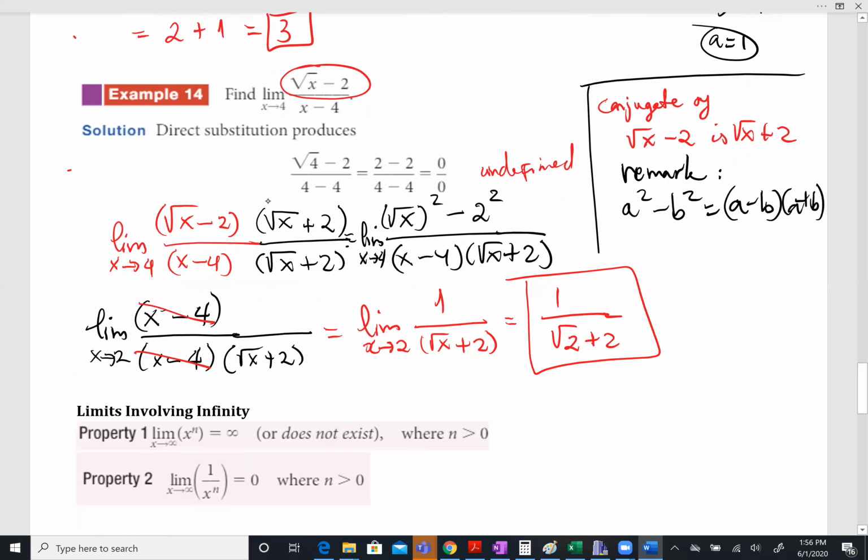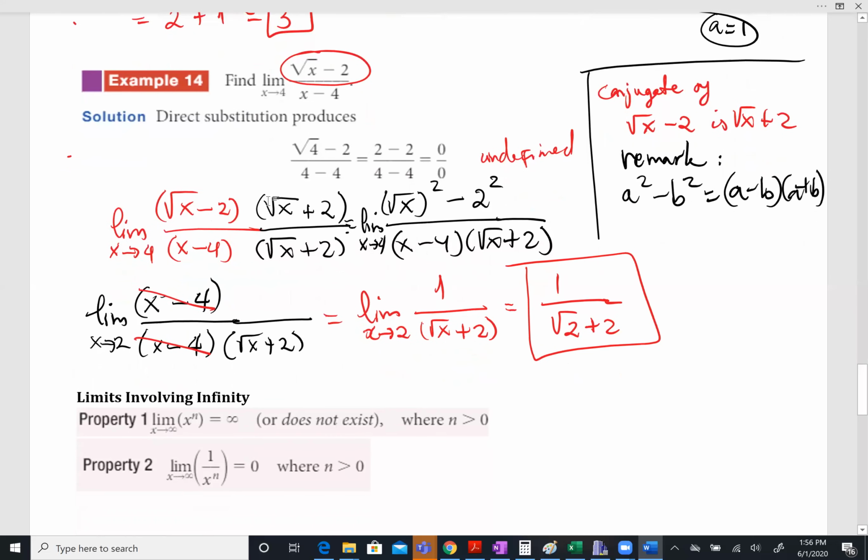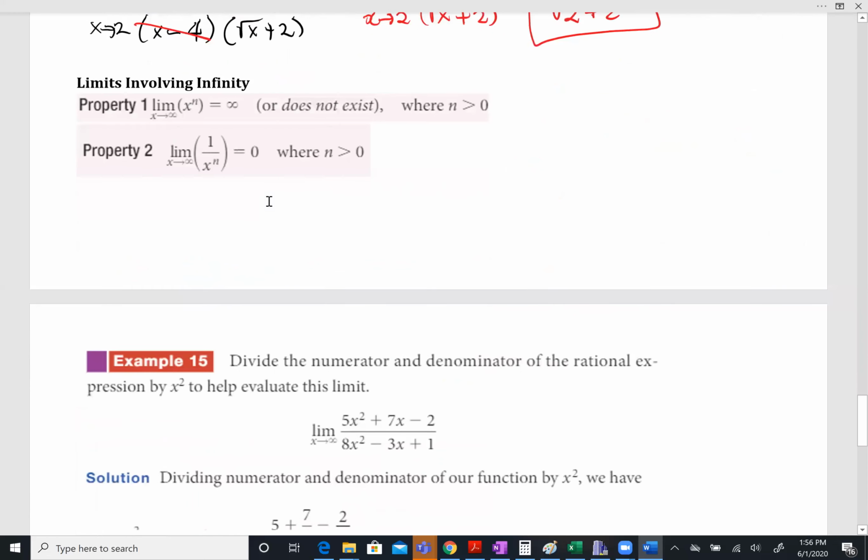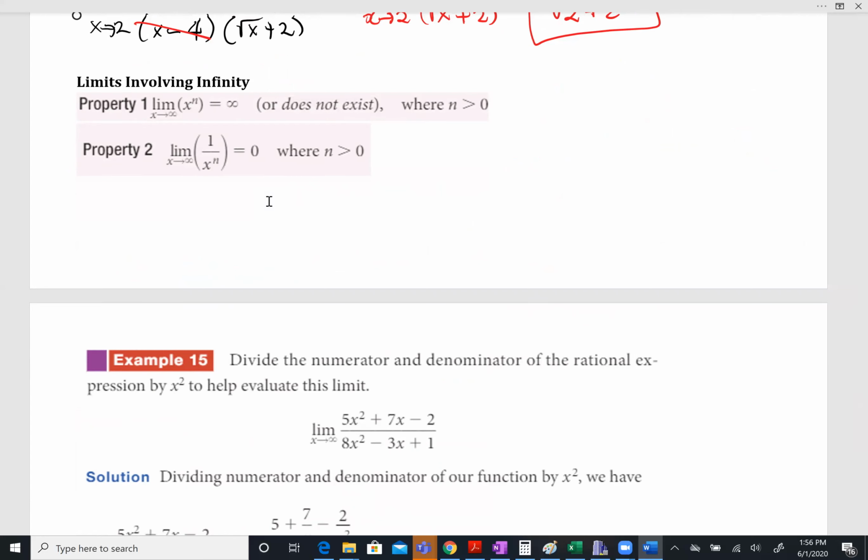Now let's move down and talk about the last topic here, which is limits involving infinity. Above, x goes to a finite number like 2, 3, 4, 5.